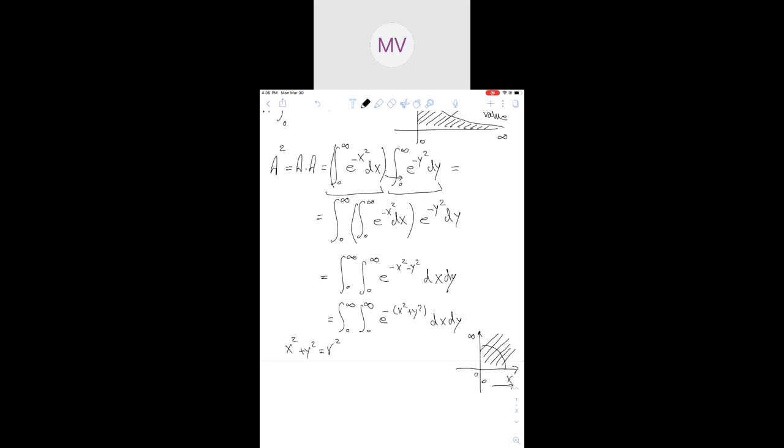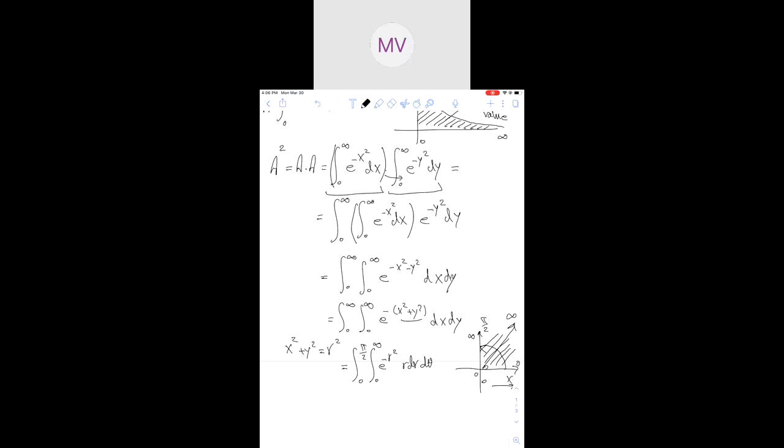On this region, your theta is going from 0 to pi over 2, and r is going from 0 to infinity. And we had a Jacobian term involved, right. So it's 0 to pi over 2 for theta, d theta. 0 to infinity, e to the negative r square. I'm replacing this with r square. And what was the Jacobian term? It was r dr.